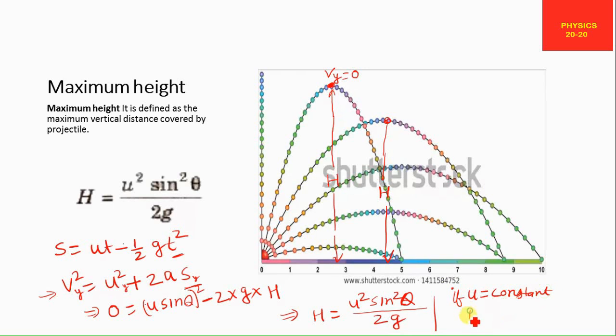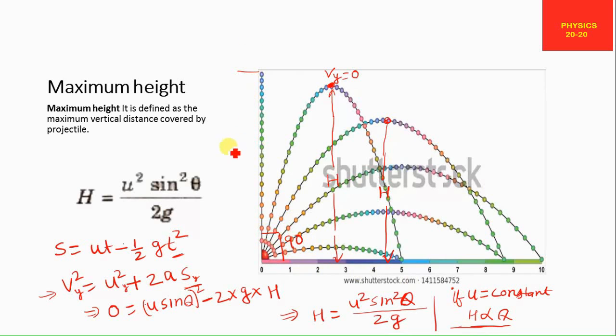Okay, so here if u is equal to constant, then h is proportional to sin square theta. That means the maximum height is larger for projectiles which have a high angle of projection.